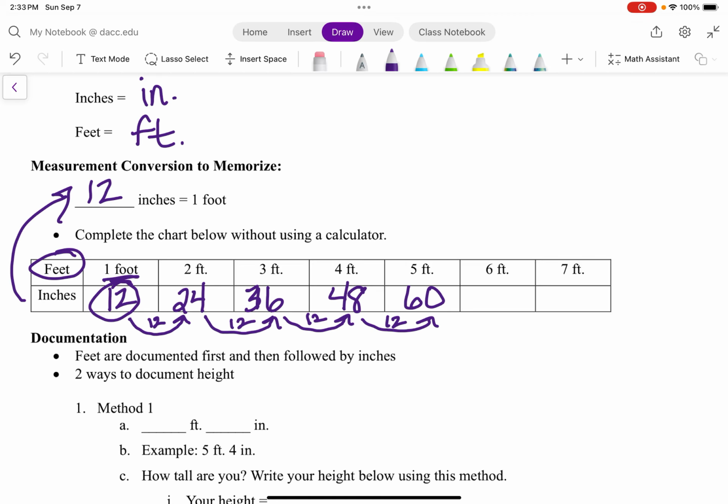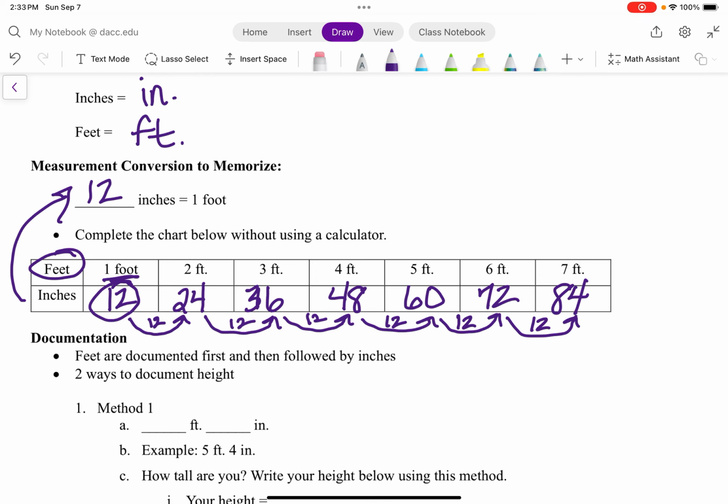Then how many are there in 6 feet? I have to add another 12 inches for another foot, and that gives us 72 inches in 6 feet. And then 7 feet, what do we do now? We have to add another 12 inches for another whole foot. And 72 plus 12 is 84.